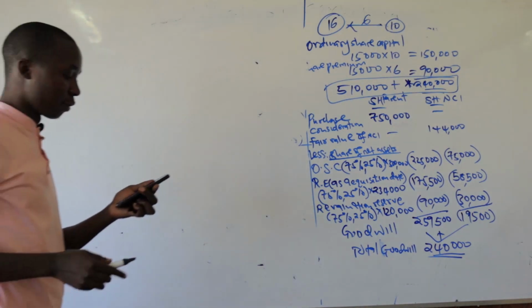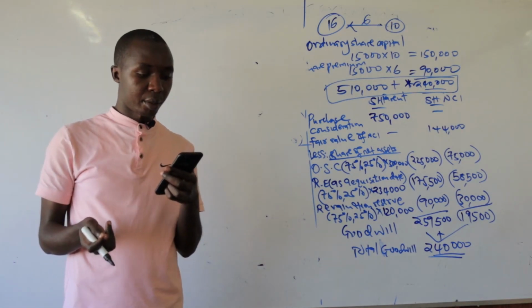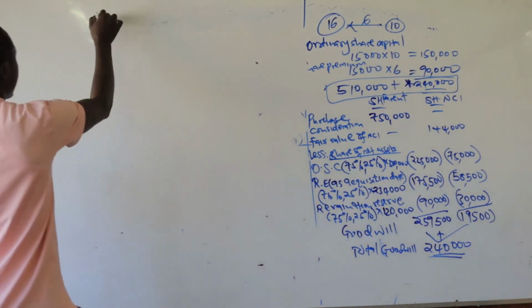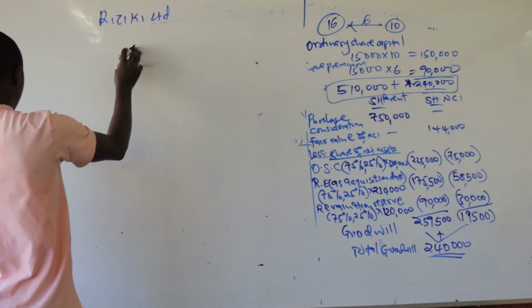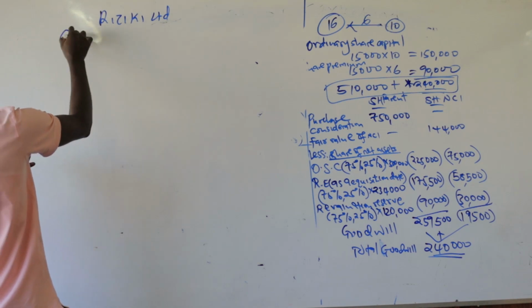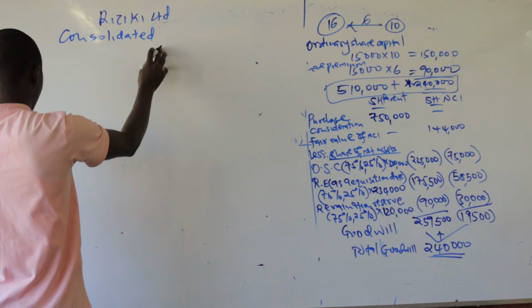For the presentation of the statement of financial position, it's very easy because now it's just Risiki, which is the parent, consolidating just one subsidiary.